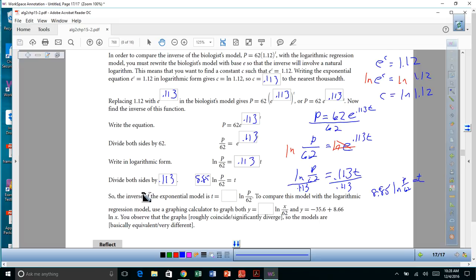So the inverse of the exponential function or exponential model is T equals 8.85 natural log P over 62.